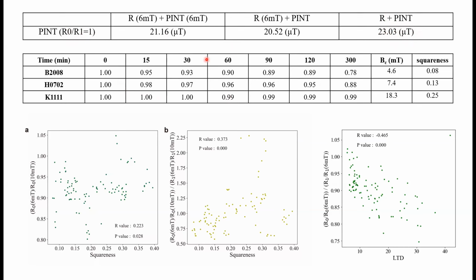But if we use a 6 millitesla cutoff, it will be closer to the expected value of 20 microtesla. So we think it's more reasonable for us to select about a 6 millitesla cutoff for the paleointensity determination. Yeah.